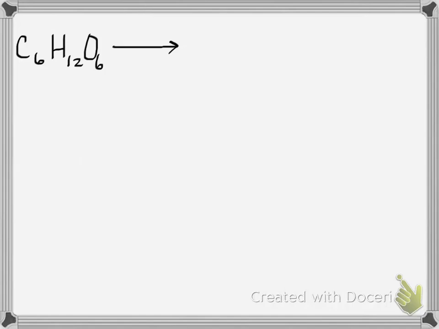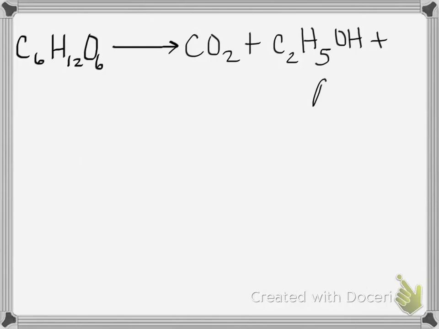Okay, now this one makes carbon dioxide from glucose. It makes ethanol, which is C2H5OH. Oops, my H didn't come out. That's ethanol, drinking alcohol. And then it also makes ATP.